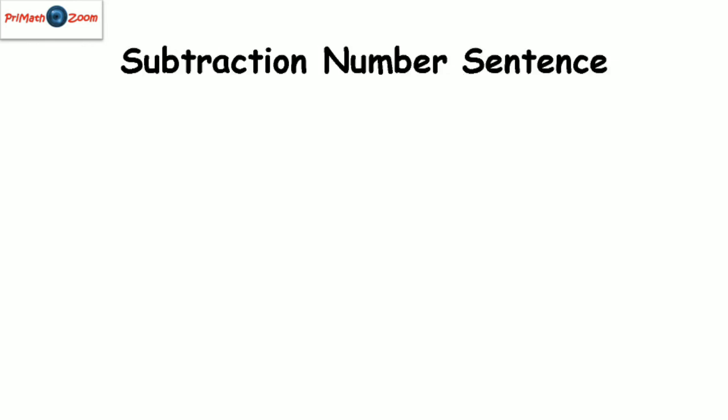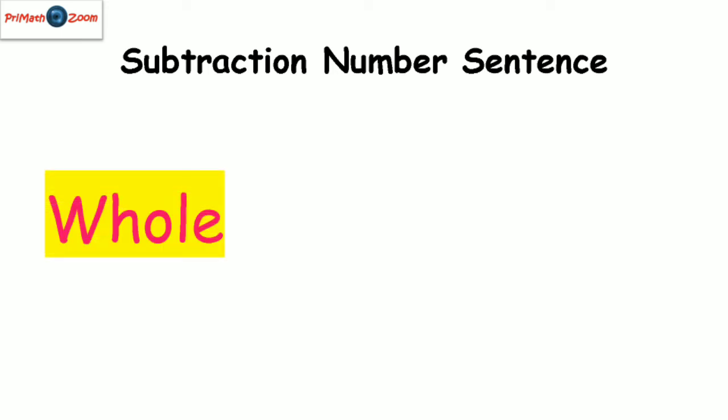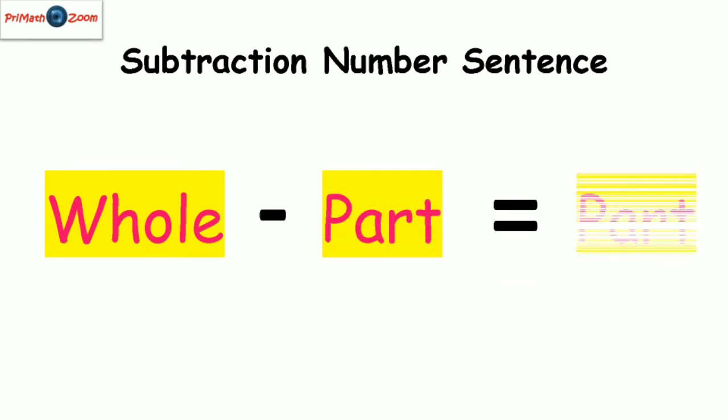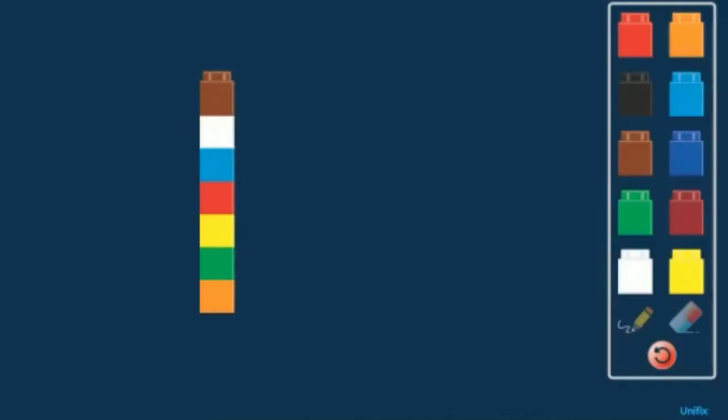When we're writing a subtraction number sentence, it means that we will have a whole and we'll take away one part from it, and the result will be the other part. So a subtraction number sentence looks like this: whole take away part equals part. So similarly with subtraction, the whole is equal to parts.